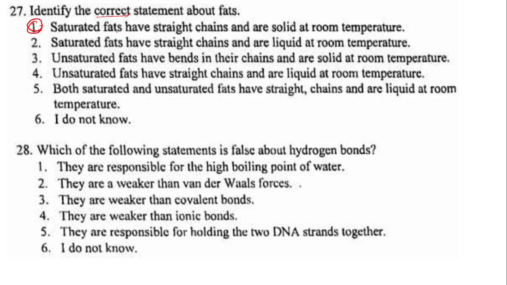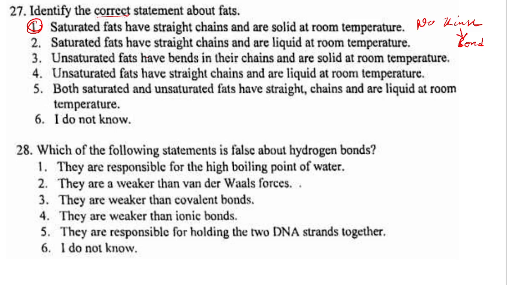saturated fats are the ones which have no double bond, and not having a double bond, they don't have a kink structure. This kink structure is just a bend which you see in unsaturated lipids.